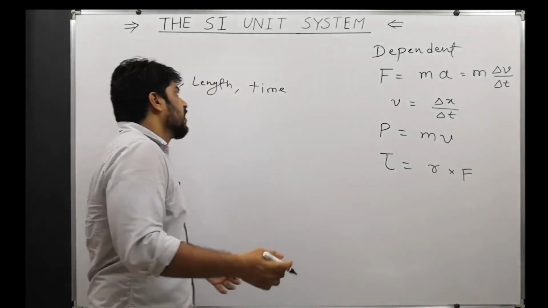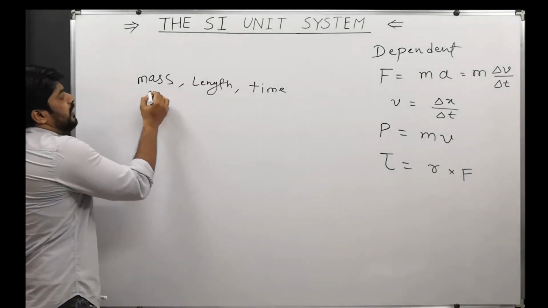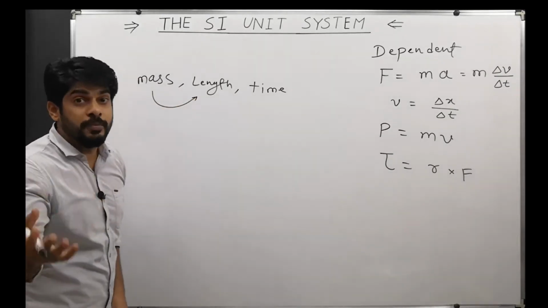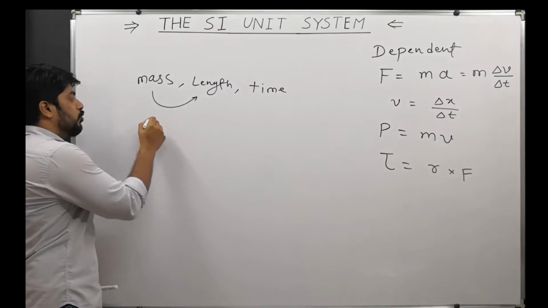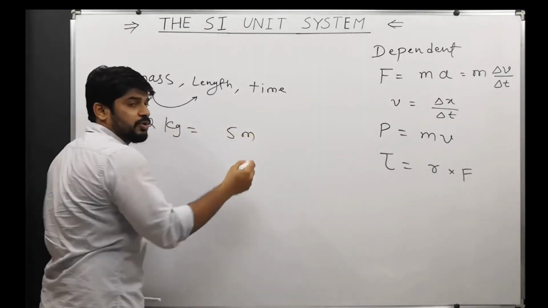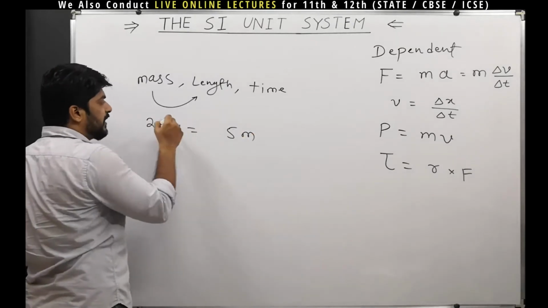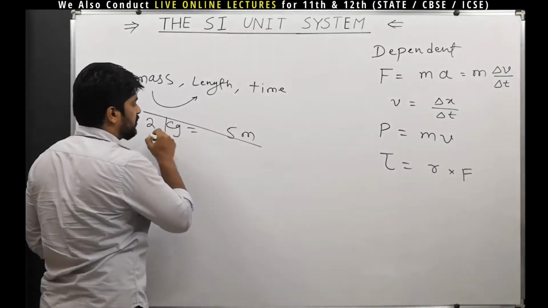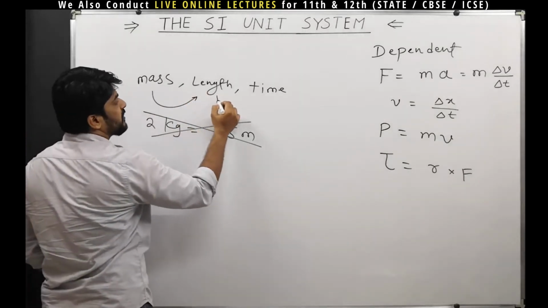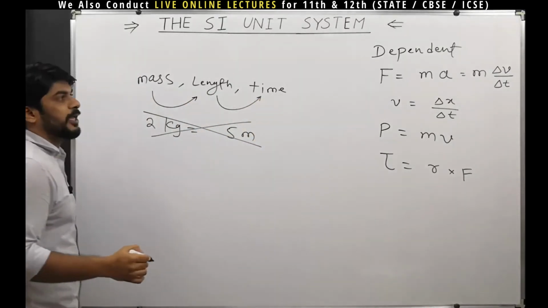Like you can't really say that mass can be expressed in terms of length. I cannot say 2 kg is equal to 5 meters. This is completely wrong. We even cannot express length in terms of time.